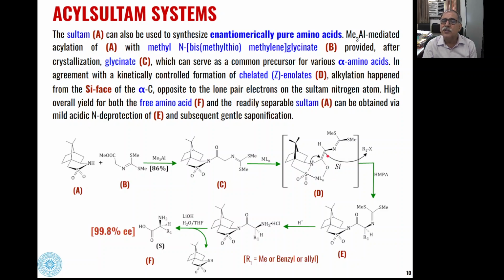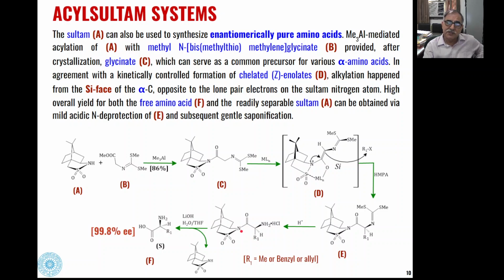And here now, instead of the Re face, they undergo alkylation through the Si face of the alpha carbon, because this is opposite to the lone pair of electrons on the sultam nitrogen atom. So in this way, after the alkylation, these types of intermediates are formed, and these intermediates undergo acidic hydrolysis to give us amino acid intermediates.